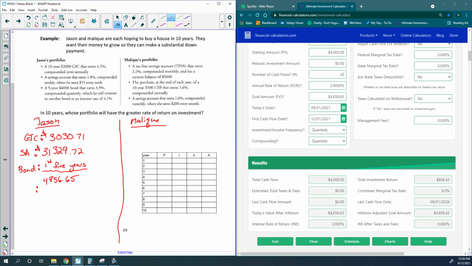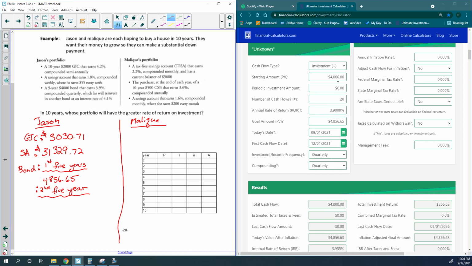And so what's happening is he's reinvesting that for the next 5 years. So I'm going to do second 5 years, and this is what's actually going to be important to our calculations. I'm going to take this $4,856.65, and that is now going to become my principal amount because Jason's reinvesting it. Periodic amount is still 0.